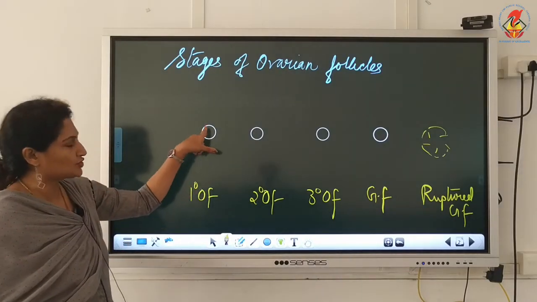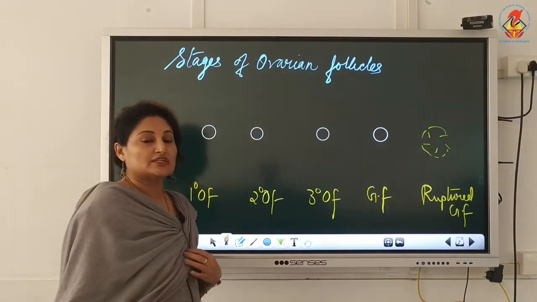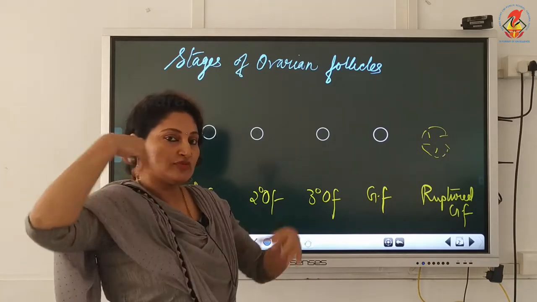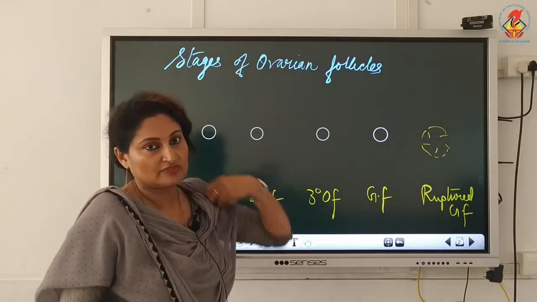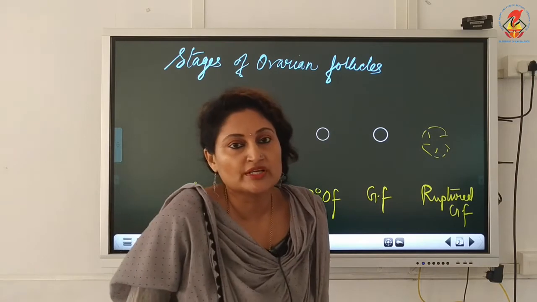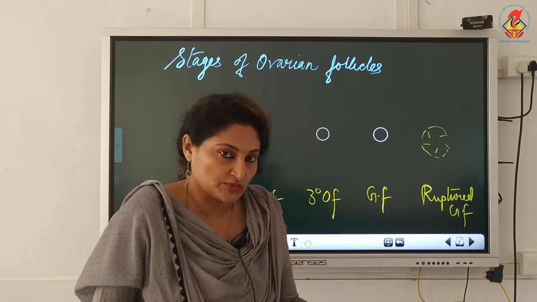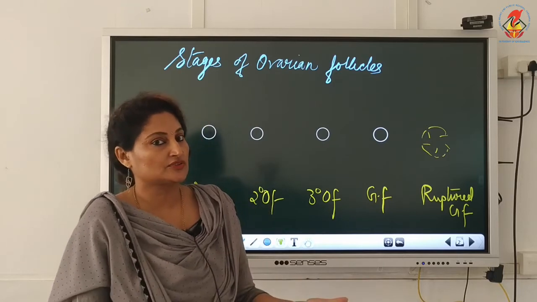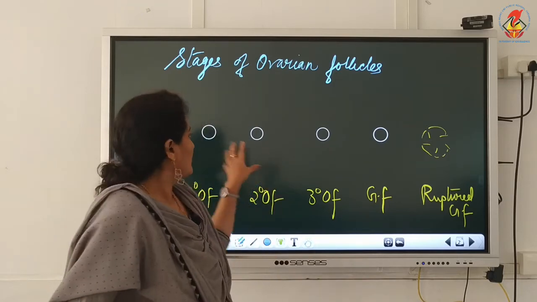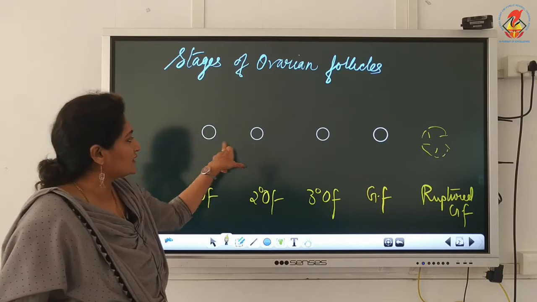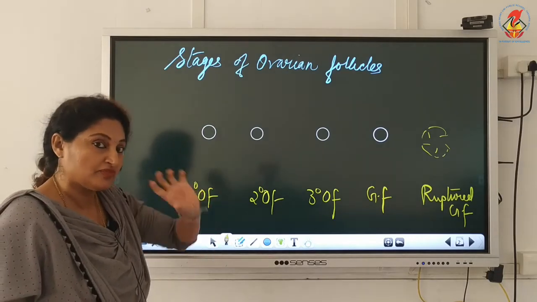Did you see I drew spheres? That's very important. It represents the oocyte. Now you have to connect it with oogenesis. We have learned in oogenesis the oogonia gives rise to the primary oocyte, primary oocyte gives rise to the secondary oocyte, and secondary oocyte gives rise to the egg. Now this white circle is indicating the oocyte, but remember which oocyte.